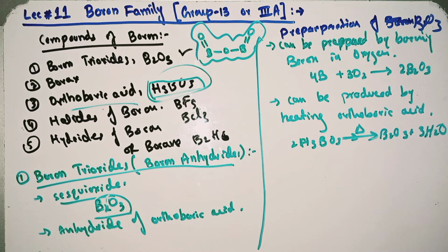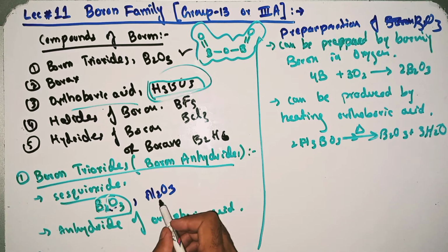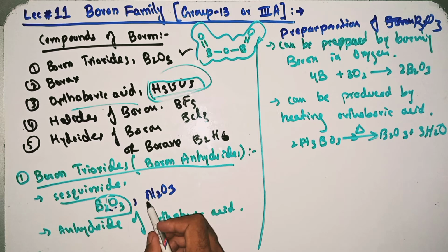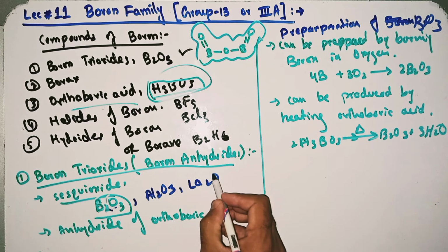Also, boron trioxide is called a sesquioxide. A sesquioxide is an oxide containing 3 oxygen atoms bonded with 2 atoms of another element, like B2O3, and also Al2O3, and similarly La2O3.